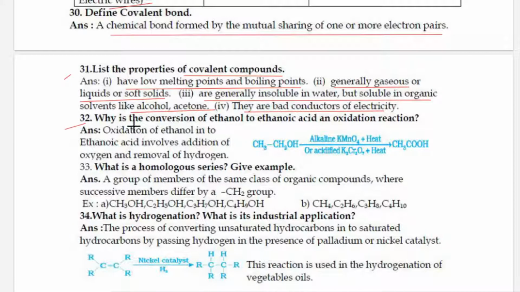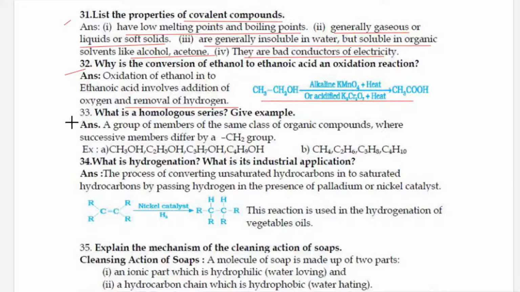Next question, why is the conversion of ethanol to ethanoic acid an oxidation reaction? Oxidation of ethanol into ethanoic acid involves addition of oxygen and removal of hydrogen. Here we are seeing a chemical equation. Question number 33. What is a homologous series? Give example.